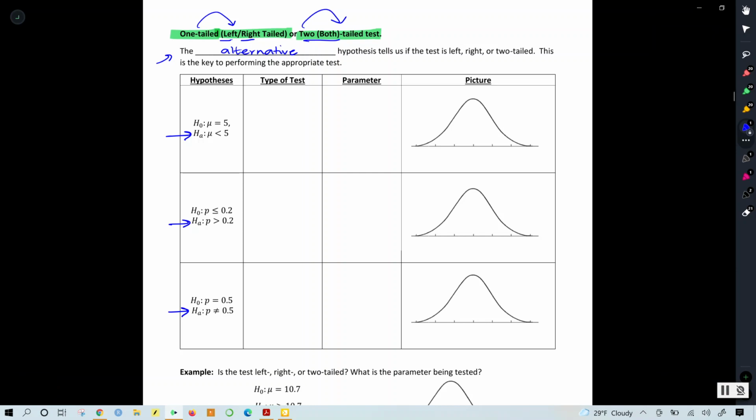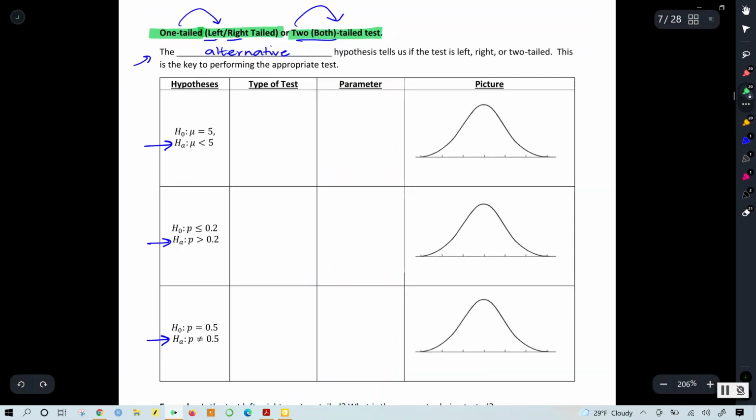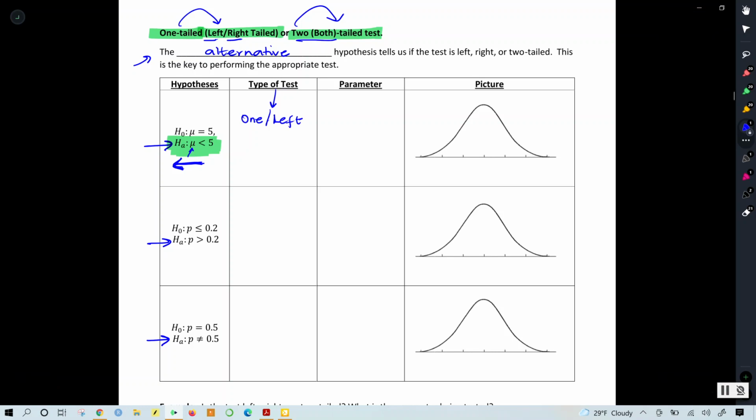Now, although we've considered some examples before, let's see this again, just to affirm what we already understand. The alternative hypothesis here says that the population mean is less than 5. That means it goes in only one direction, strictly lesser than 5. So the type of test here is a one-tailed test, and since the arrowhead is going in the direction of lesser than, that will be values to the left of 5.